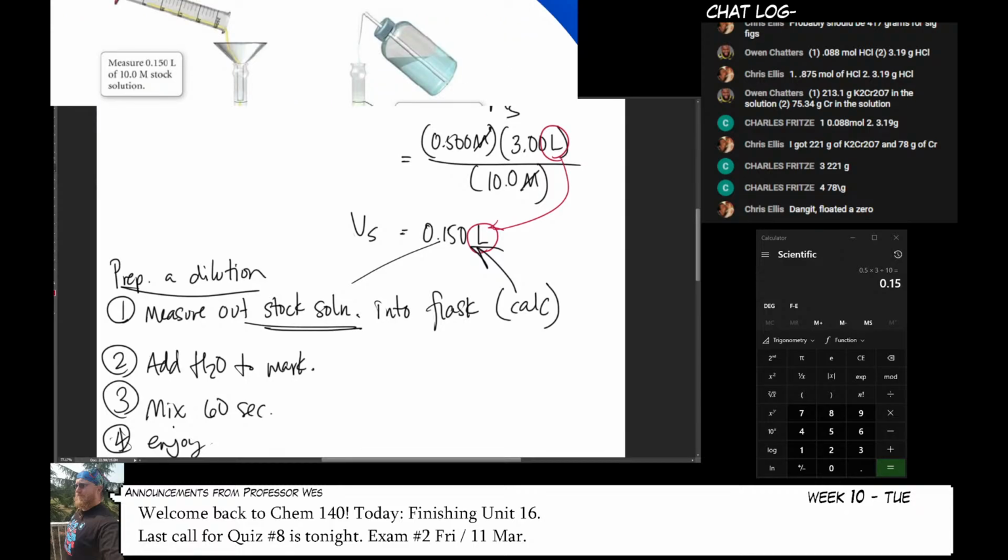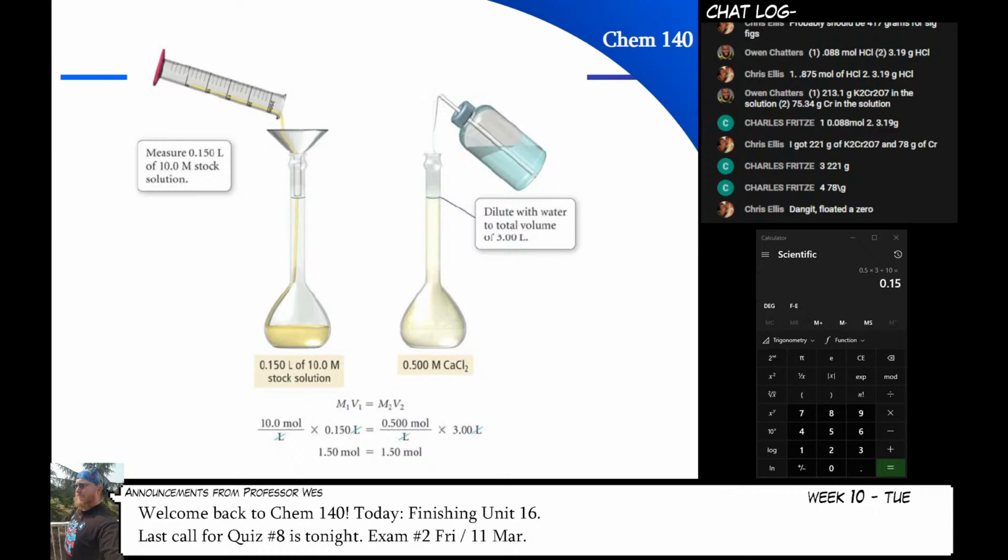All right, and then we got a picture of that on the next slide here. There we go. Again, same thing. So we're adding the liquid into here. Make sure that when you rinse with the squirt bottle, you get all the liquid that's in there so that you get all of the concentrated stuff that you want.